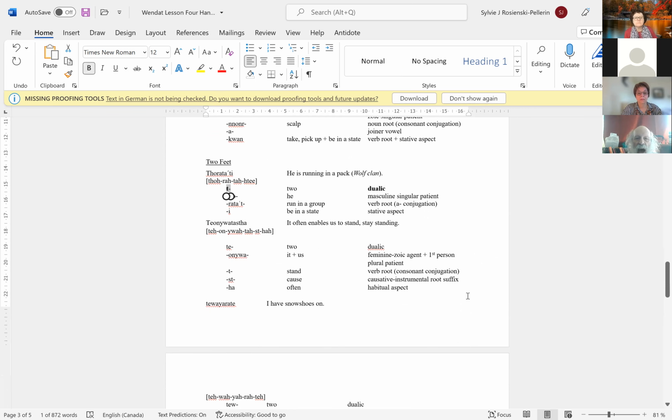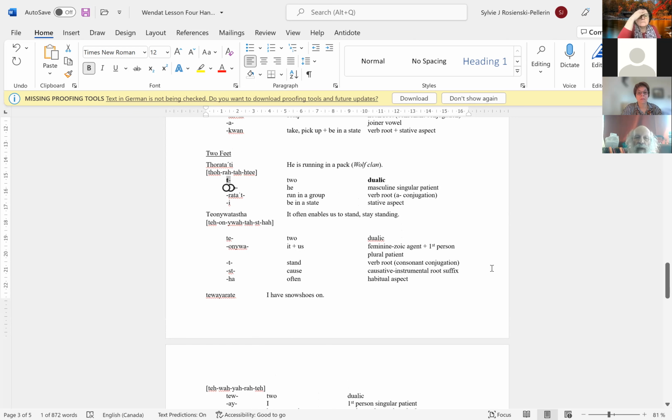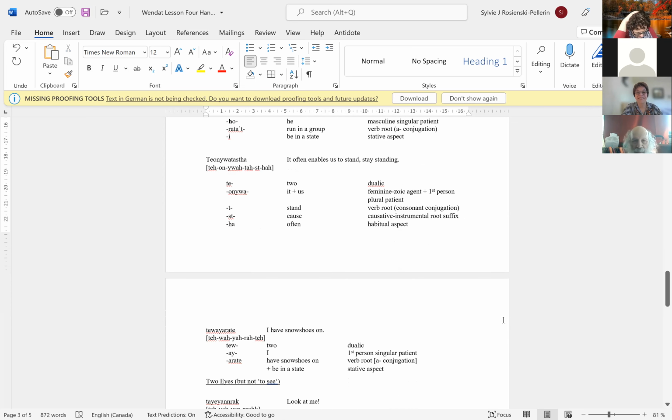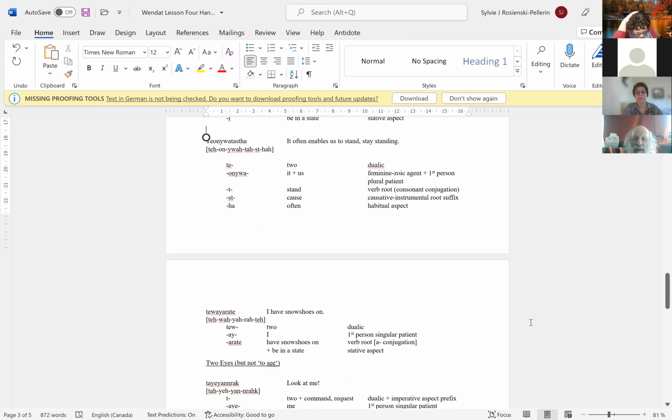Now, Teon Yuatasta, it often enables us to stay standing. Now, who knows what that referred to? I'd love to know the history of that name, but it's not forthcoming.